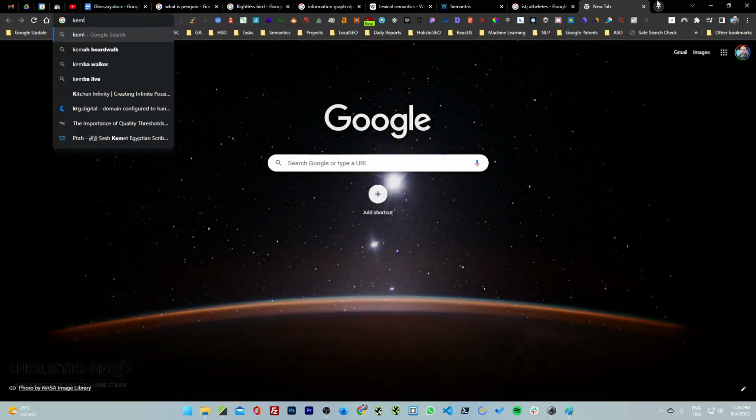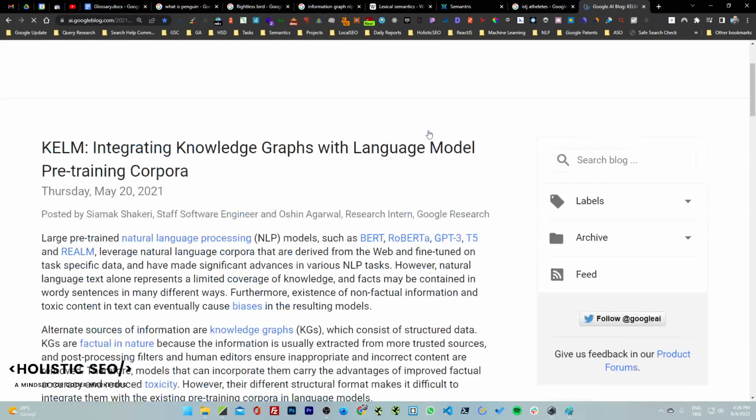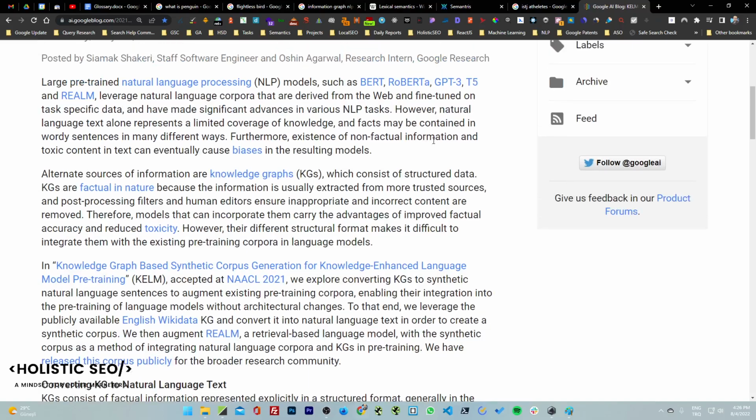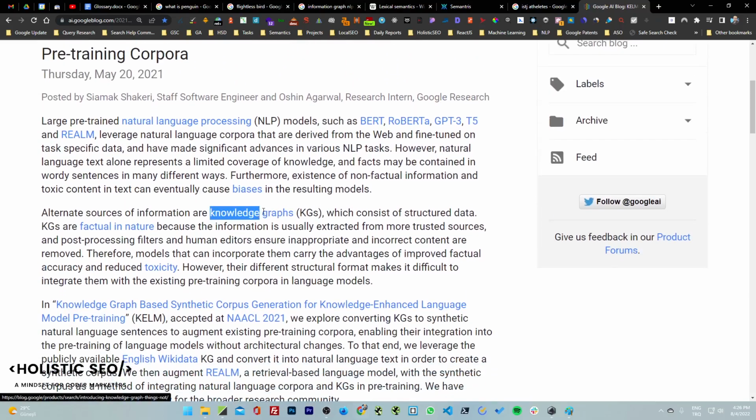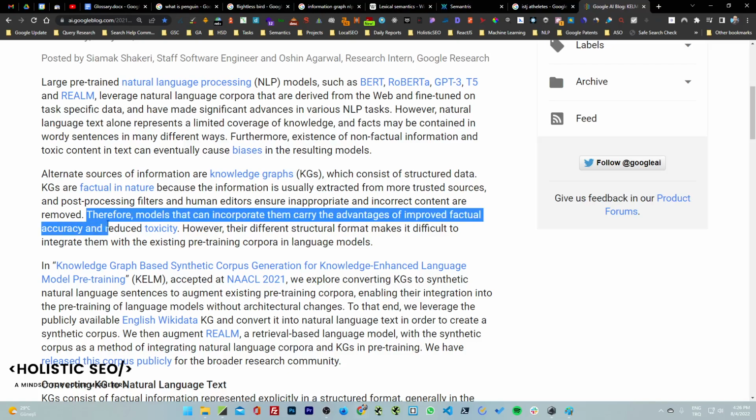Now I will open one of the other language models, actually from Google, and maybe you will be able to realize the things that I mean a little better. Again, you should understand the words knowledge graph here and the words factual in nature. At the same time, if you read here, models that can incorporate them carry the advantages of improved factual accuracy and reduced toxicity.